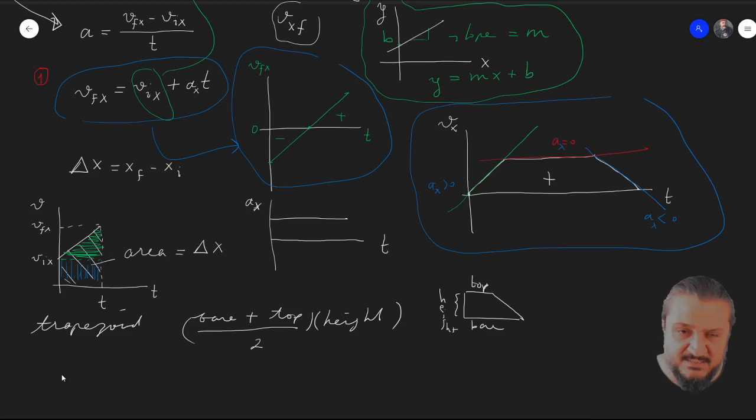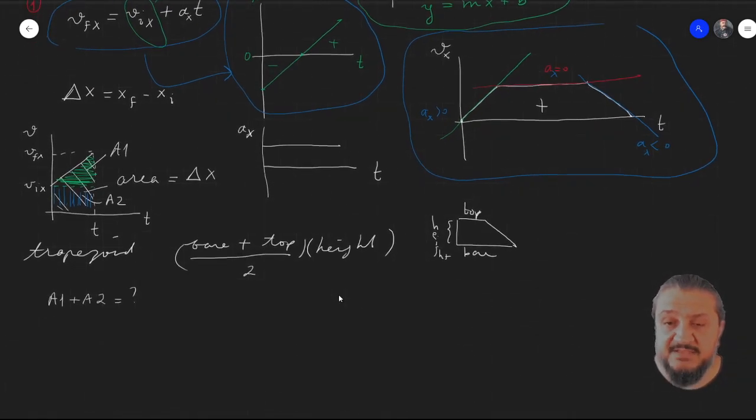So in that case, that area, which we can call A1, and the rectangle will be A2, I guess. So the area A1 plus A2 is the area of a trapezoid. What is it? So let's do it with this base and top formula.